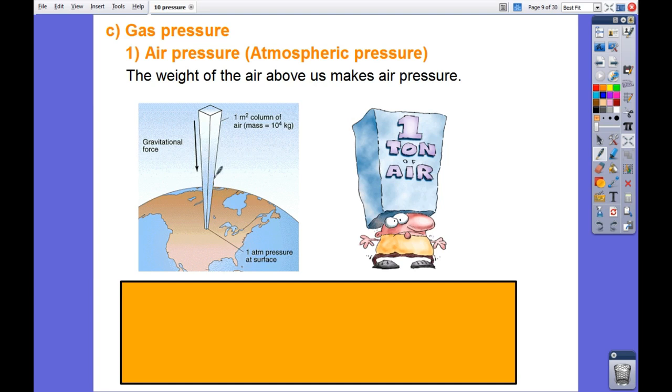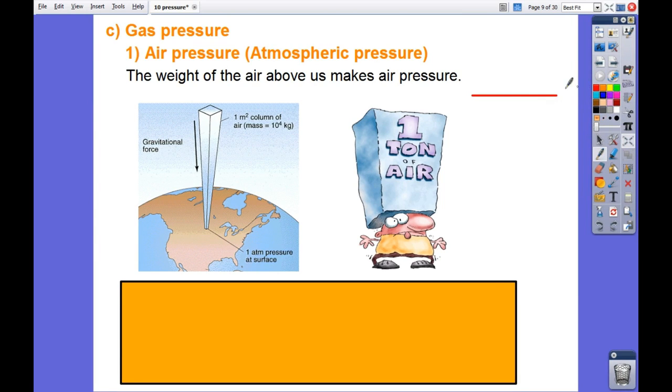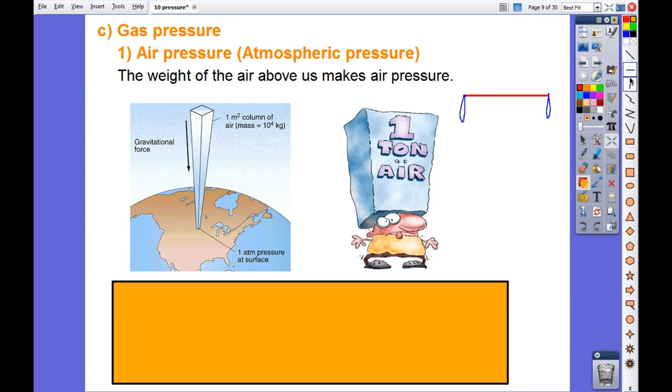How much air is there in this column? Well, actually air has mass also. So here I have a thought experiment. For example, you are provided with two balloons, and those two balloons are hung on a rope like that.